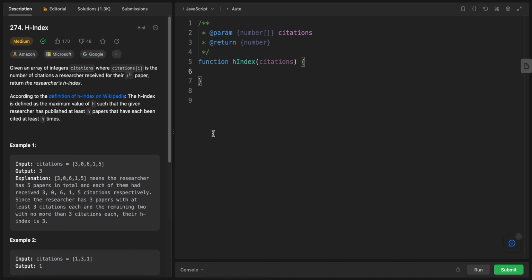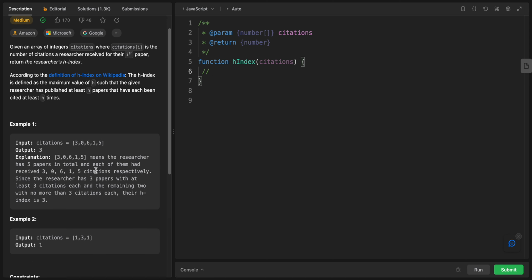First we want to get the H-Index. What is the H-Index? It's the maximum value of h such that the given researcher has published at least h papers with at least h citations.